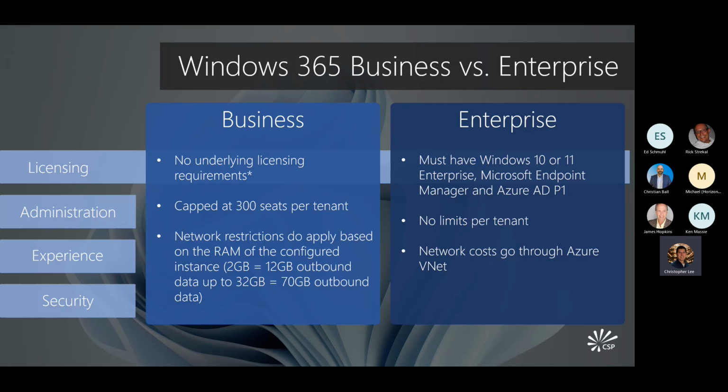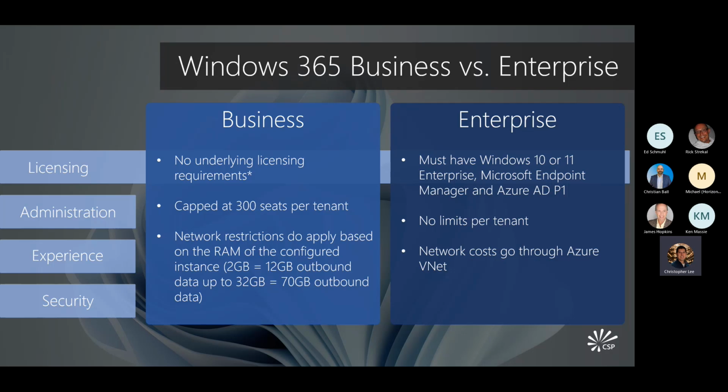The other point that I'll point out on business is there is a hybrid benefit to Windows 365 Business only. And this hybrid benefit through CSP gives you approximately a 16% discount on those Windows 365 licenses. The requirement, though, is that those users consuming those licenses are accessing their Windows 365 Cloud PC from a Windows 10 or 11 Pro or Enterprise licensed device.